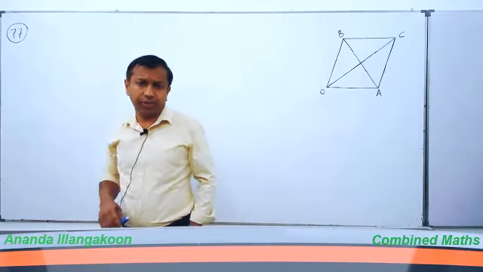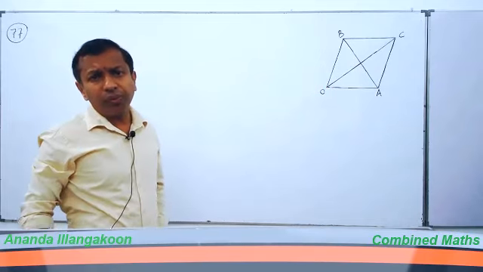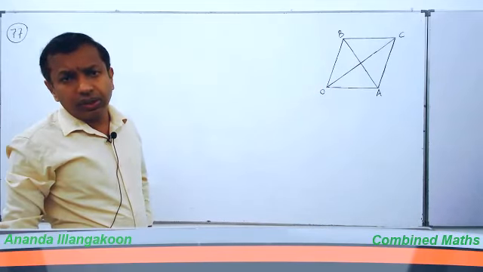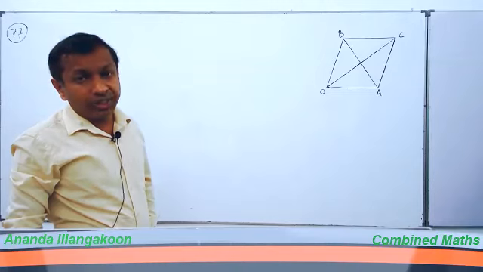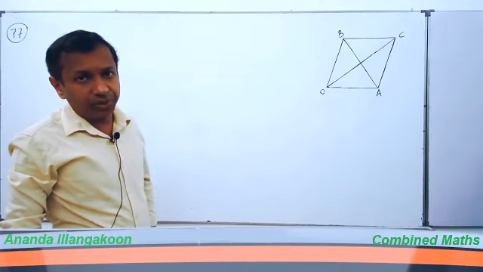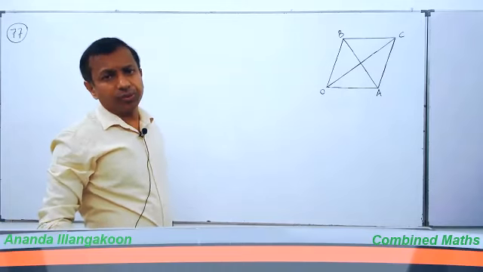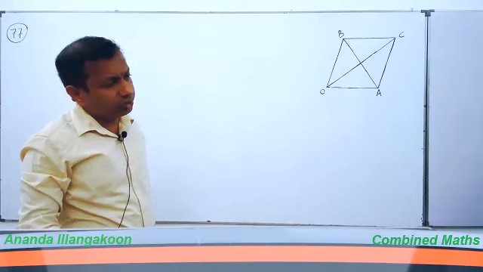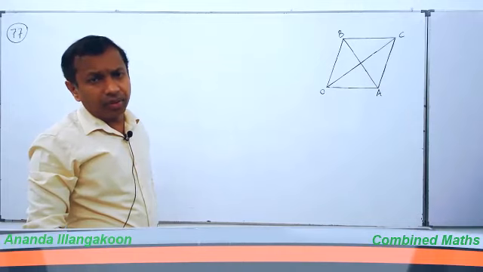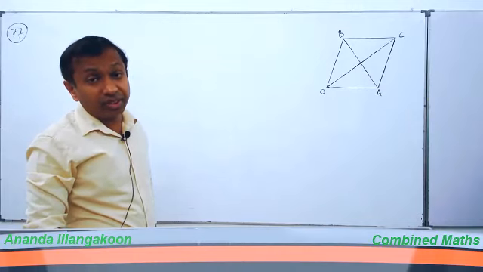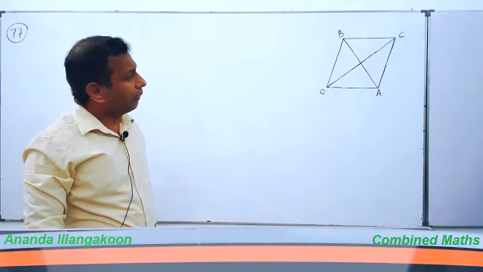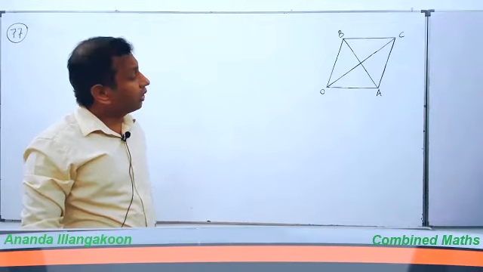O is the vector origin. We can draw a rhombus so that one vertex is the vector origin. Nobody can say, no, how can it be? Well, it's possible. Vector origin is a point on the plane. Can't we draw a rhombus with that point as one vertex? Possible. That is the rhombus I have drawn.